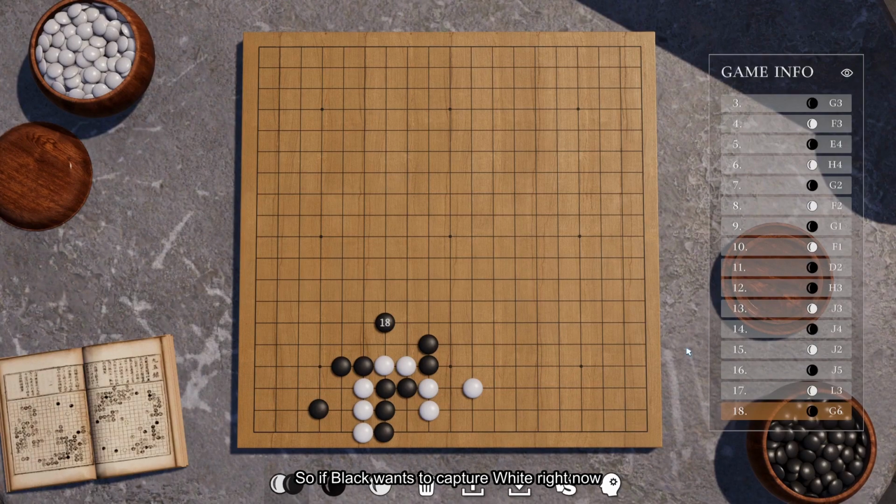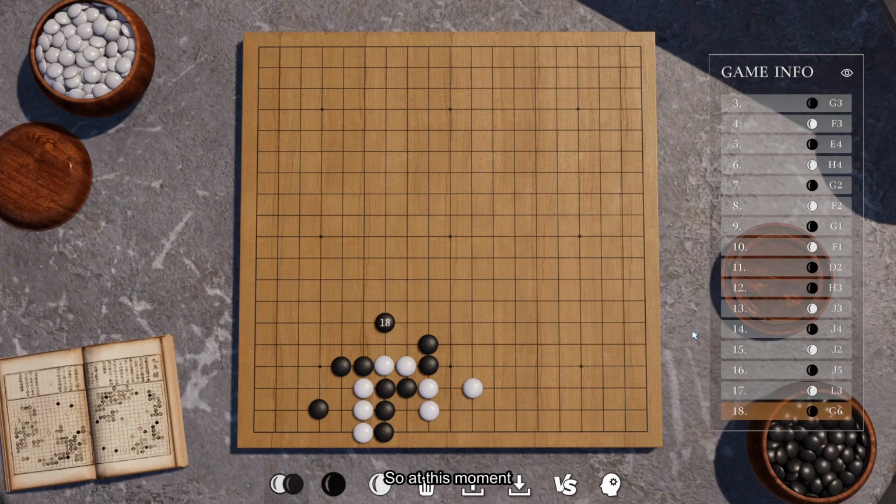So, if black wants to capture white right now, we need to carefully choose the correct target for the battle for life. And we can still apply the same rule of taking away liberties that we discussed earlier. We can see that these 4 black stones only have 2 liberties. As for white, these 3 stones have 3 liberties. And these 2 white stones only have 2 liberties.